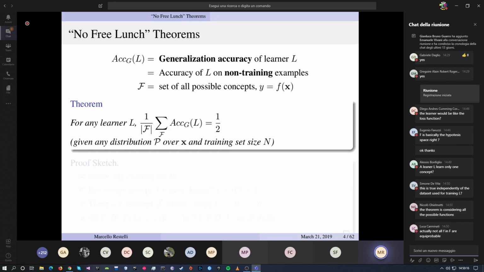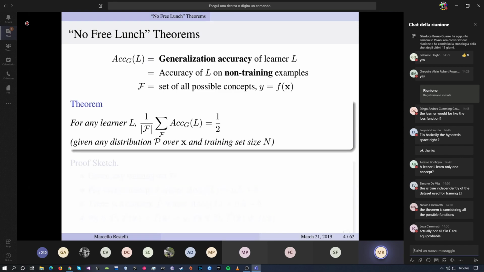Yes, and this is actually the point. Actually, not all f in F are equiprobable. Exactly. This is the main point. So the main point of this theorem is that any function in the world, any function that you can imagine, has the same probability of being the function that I have to learn. If this is the case, the theorem is true.